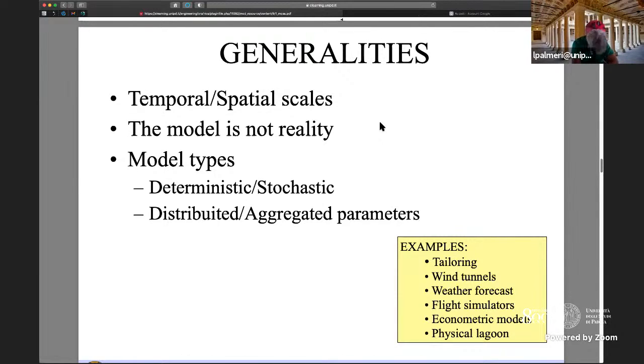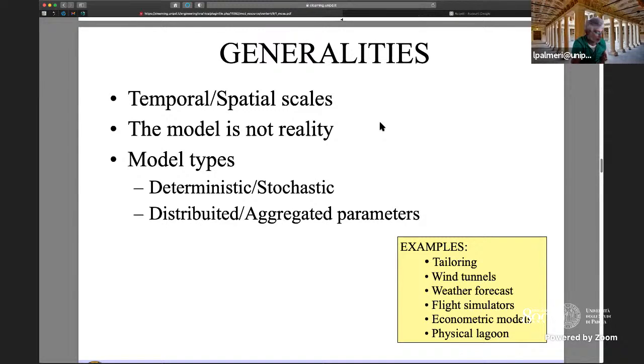In a weather forecast model, the spatial scale will be that of at least a landscape. So this means hundreds of meters, kilometers, sometimes tens or hundreds of kilometers, or even thousands of kilometers, according to the type of weather forecast you need.